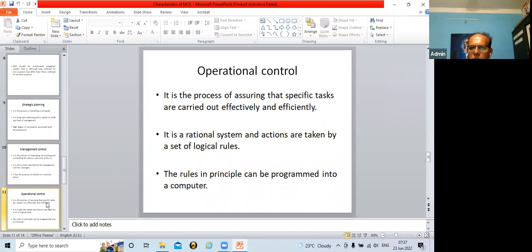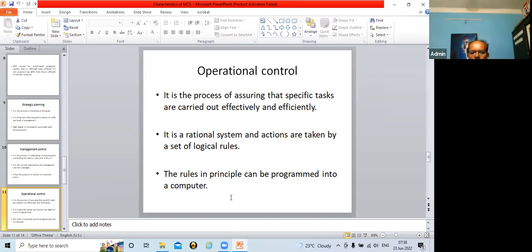Now let's talk about the second point of operation control. It is a rational system and actions are taken by a set of logical rules. The rules in principle can be programmed into a computer, because it is all about operation control.